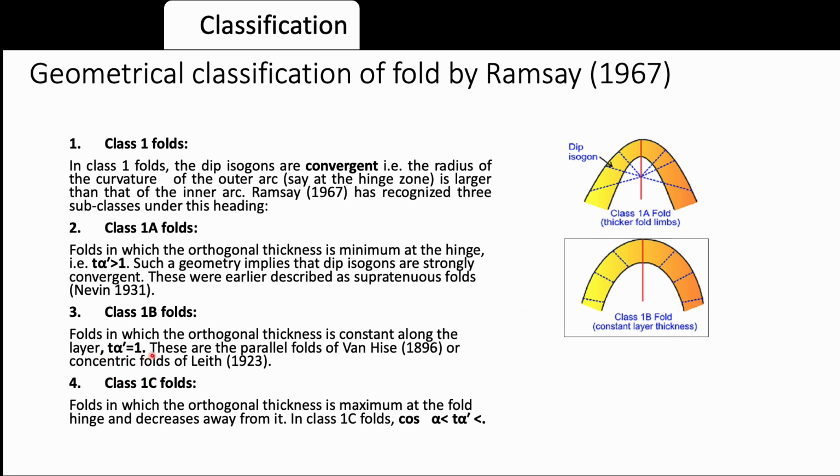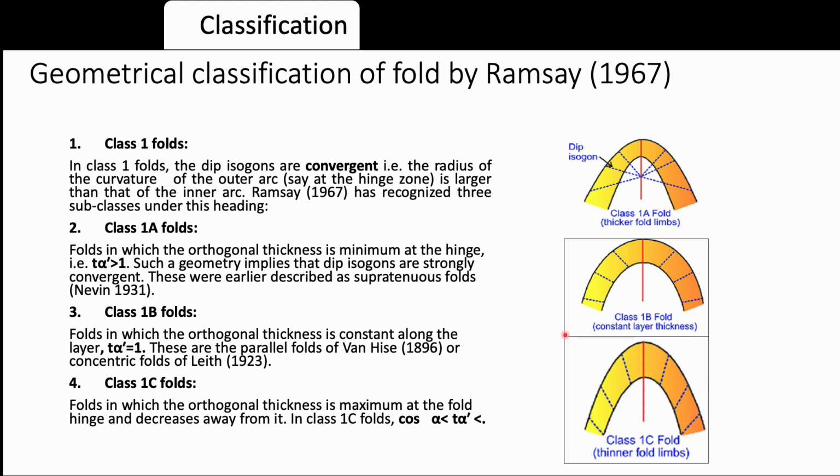In class 1B fold, the orthogonal thickness is constant along the layers, meaning T alpha is equal to 1, which means these are parallel folds. And in class 1C fold, the orthogonal thickness is maximum at the fold hinge and decreases away from it, as shown in the figure. This is known as class 1C fold.